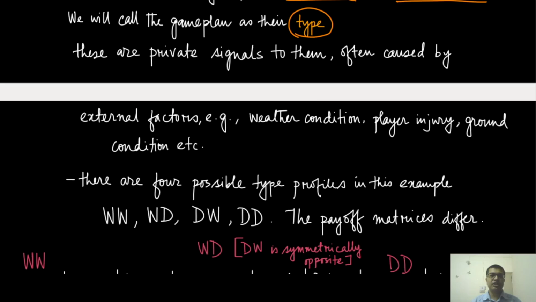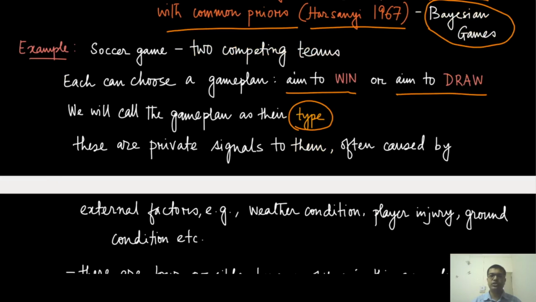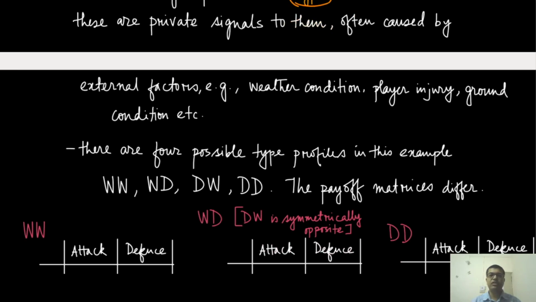Now let's say once we have chosen, these types are either win type or draw type. Based on that, you can think of there being different type profiles in this example. Either both of these players are aiming to win, or one player is trying to win and the other player is trying to draw, in these two cases, or both players are trying to draw.